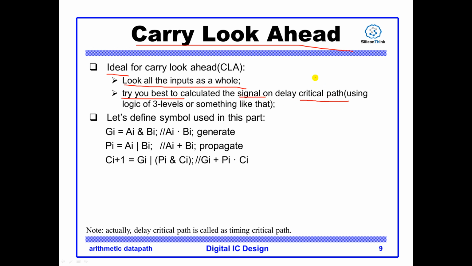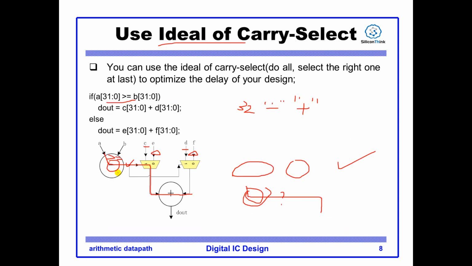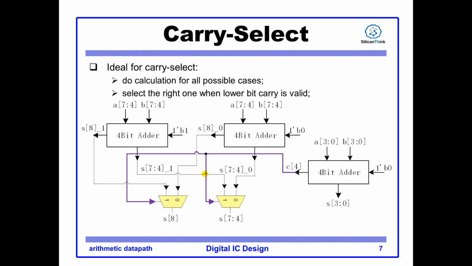So for addition, which is the critical signal? Yes, this signal is the critical path. That is the signal with the biggest delay value.